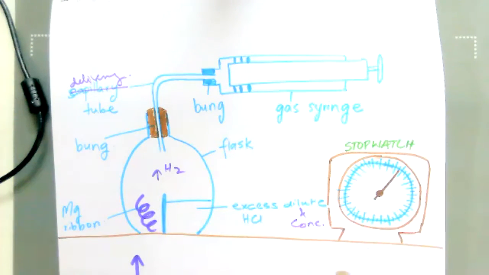Yes, because if we do not separate it, when we put the acid and then put the magnesium in, there will be no bung because we have to put the magnesium in by ourselves. So it will react very quickly, so the hydrogen will release out. We will not get an accurate answer then.